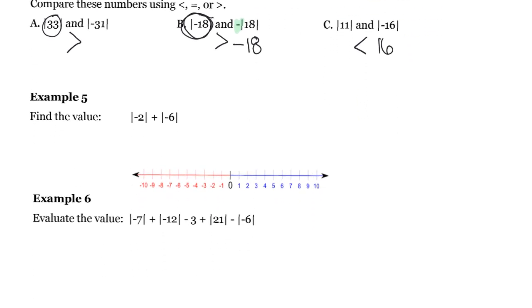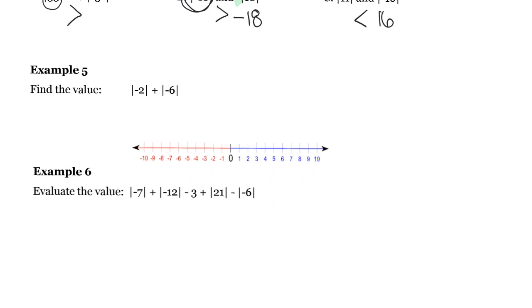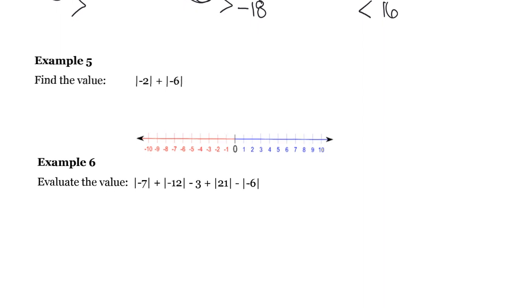Okay, so let's look at 5. 5's a little different. Just like before when we had a number line and we had an expression that we were adding up. But this one's the absolute values that we're adding up. So what is the absolute value of -2? The absolute value of -2 is 2. Then what's the absolute value of -6? So that's just 6.